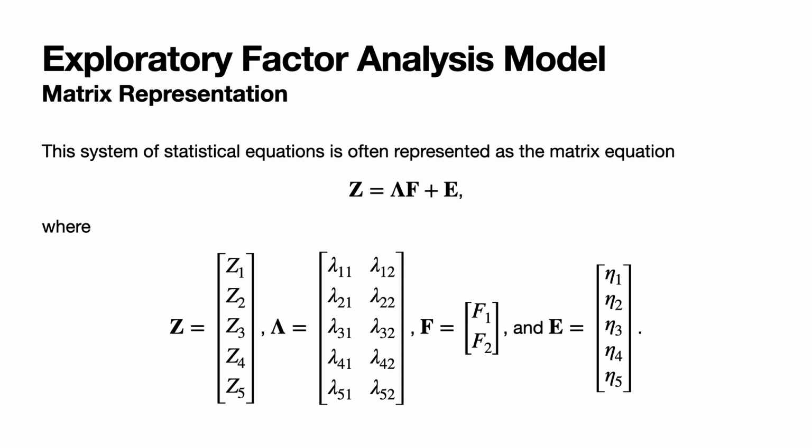The lambda matrix is, in this case, a 5x2 matrix containing the lambdas in the model. Bold F is a 2x1 vector containing the two factors or latent constructs. And bold E is a 5x1 vector containing the specific factors, or in other words, the error terms, eta 1 through eta 5. So this is how one could represent that system of equations using a matrix equation.